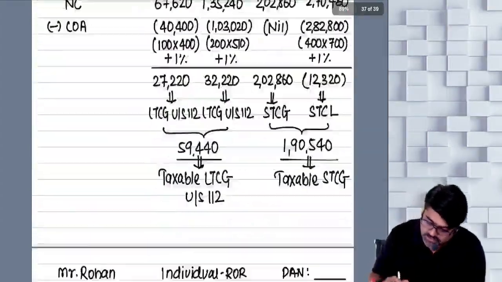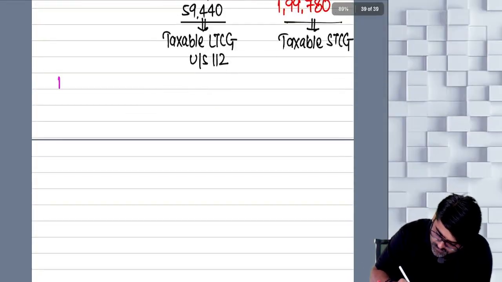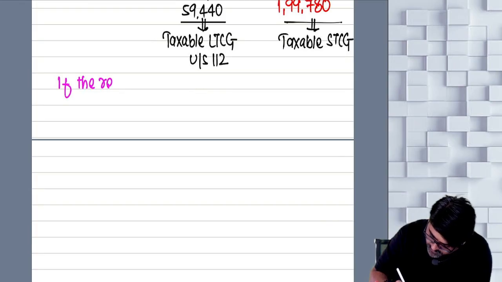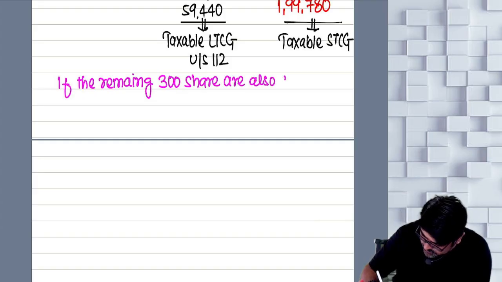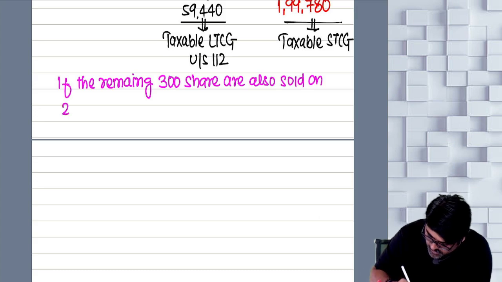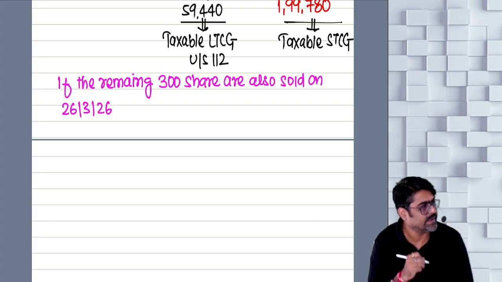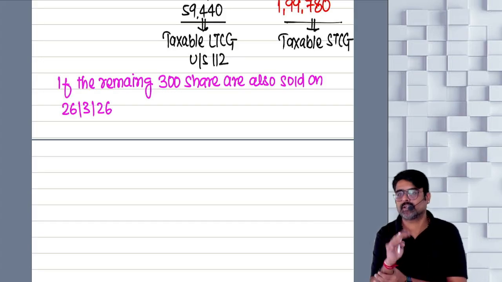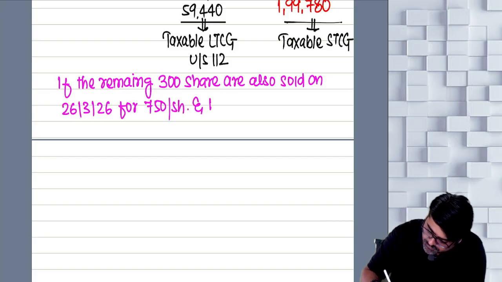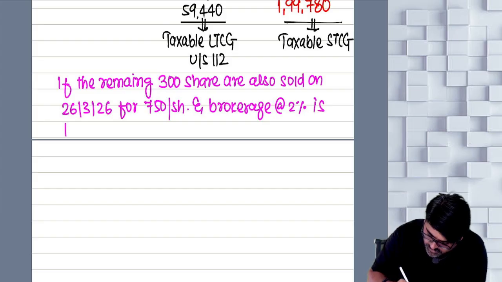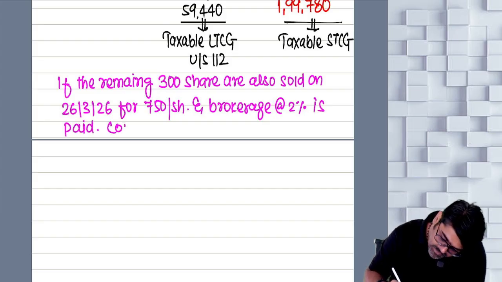If the remaining 300 shares are also sold on 26th March 2026, meaning this year only, the remaining 300 shares were also sold for 750 per share and brokerage at the rate of 2% is paid. Then compute what?